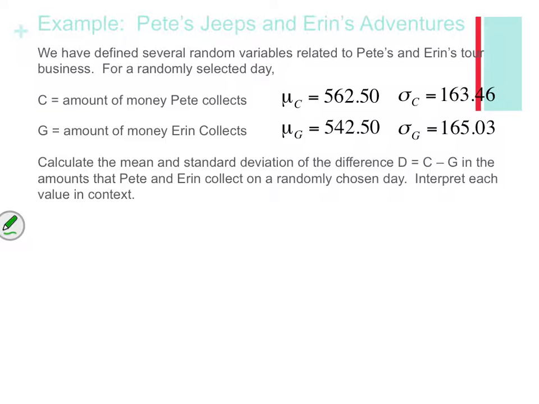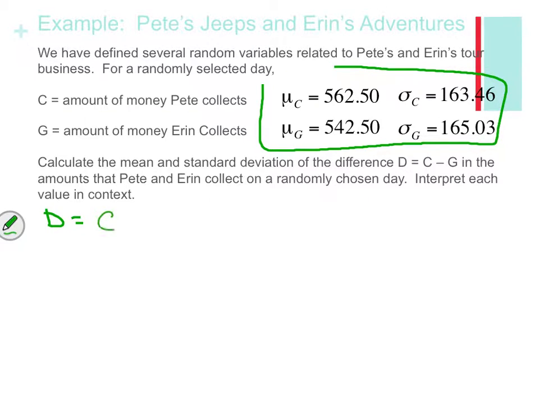So we found a few new statistics right here. Now let's calculate the mean and standard deviation of the difference between the money that they collect. So Pete's money minus Erin's money collected.